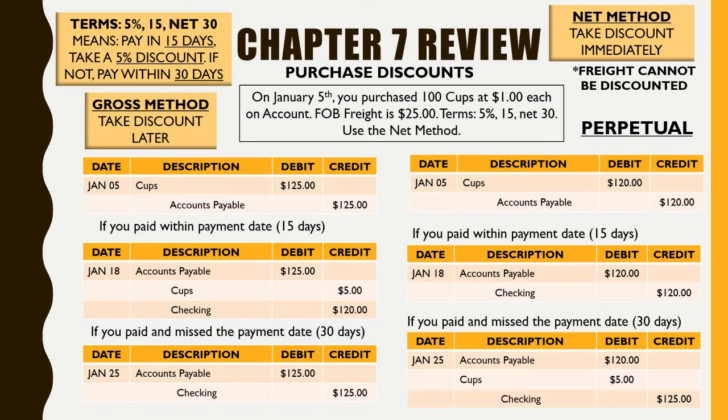So the idea here is pretty straightforward, very simple, very easy. When we make purchases of inventory, every cost associated with that purchase is going to go straight into inventory. Any returns, discounts, allowances are going to be taken directly out from inventory. And that is it. Simple as that. Okay.